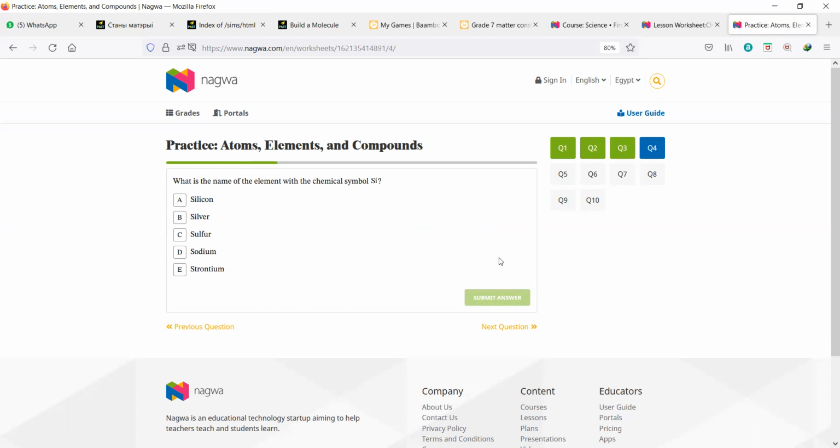Okay, what is the name of the element with the chemical symbol Si? Okay, don't know it yet, I think. So this one, they are asking about the name of the element.